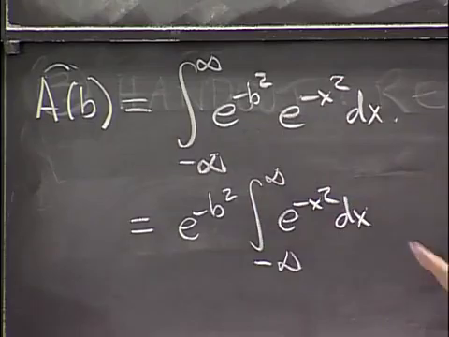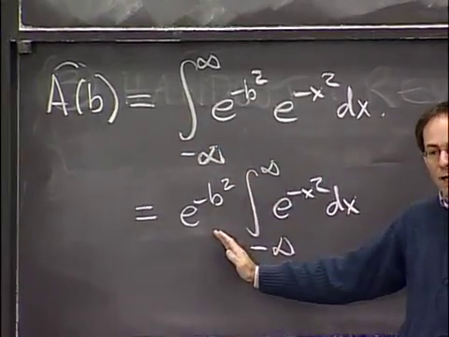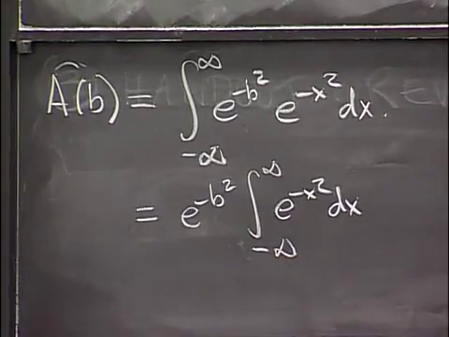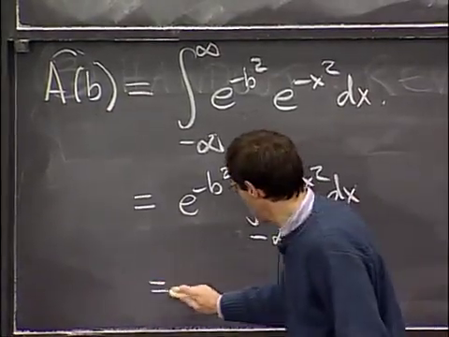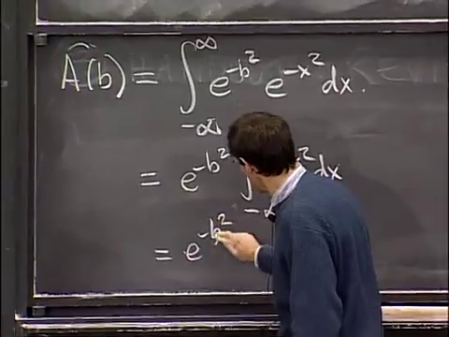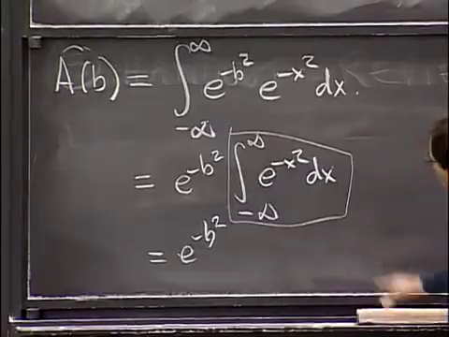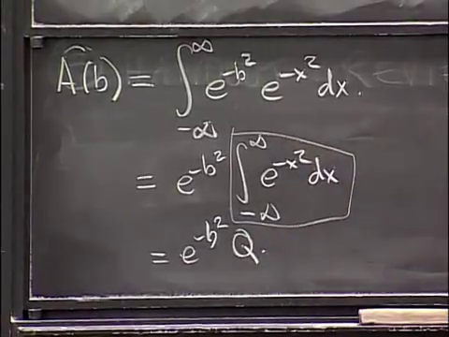This might look frightening, but actually it's just a property of an integral. All integrals have this kind of property. You can always factor out a constant. And now here comes the remarkable thing. This is e to the minus b squared times a number which is now familiar to us. What is this number? This is what we're looking for. This is our unknown, q.